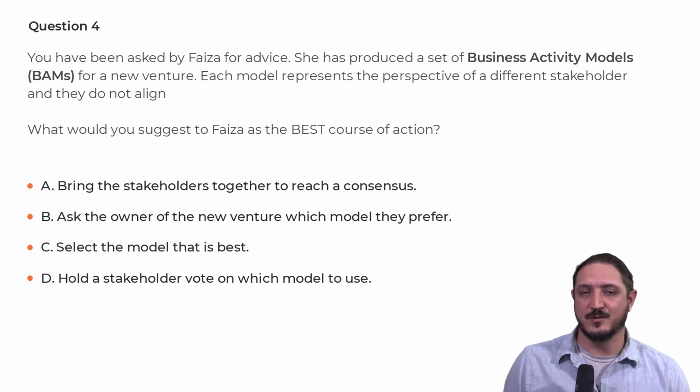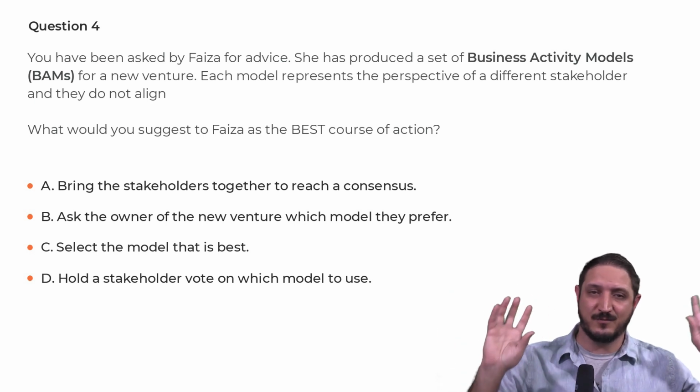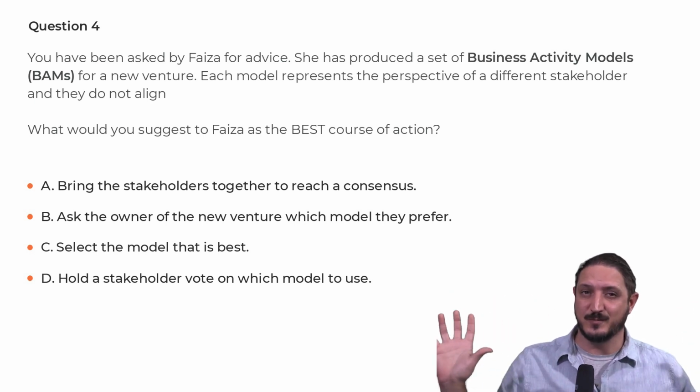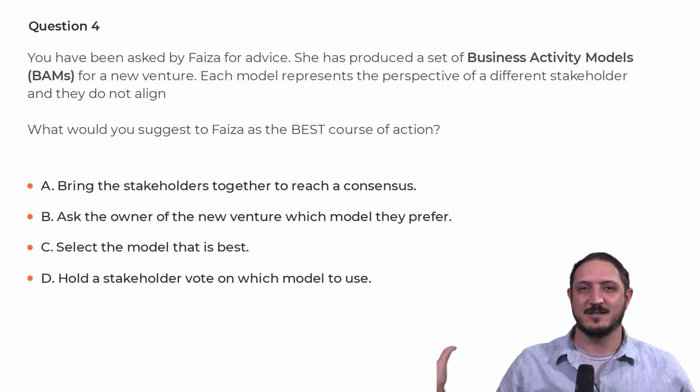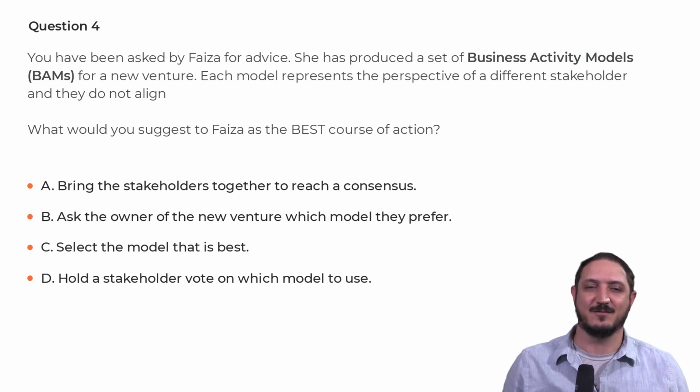Then what they would also use this for is to actually identify the differences in perspectives of how all these different stakeholders or stakeholder groups inside the organization perceive what the business does in terms of its activities and its importance. And then we can use this to identify problems in terms of the business's activities and such.